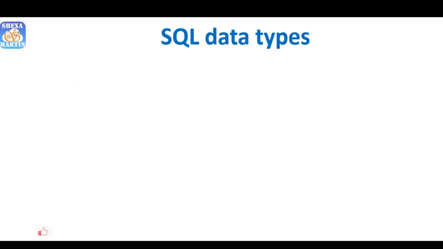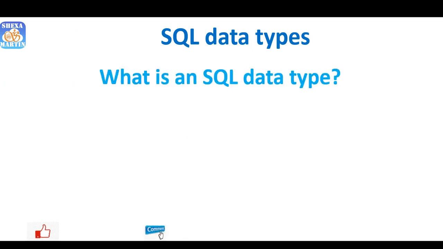Let's begin our lecture, and we'll start by asking what it is that we call an SQL data type. SQL data types define the type of value that can be stored in a table column.